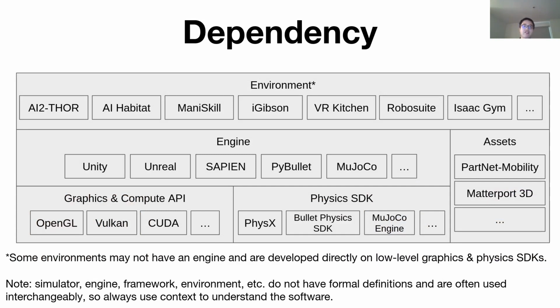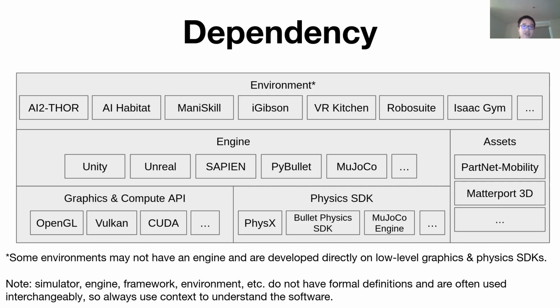Here, I give a summary of our classification of different simulation software and assets. On the low level, there are basic graphics and physics SDKs, such as OpenGL and PhysX. On the mid level, there are engines such as Unity, SAPIEN, and MuJoCo.